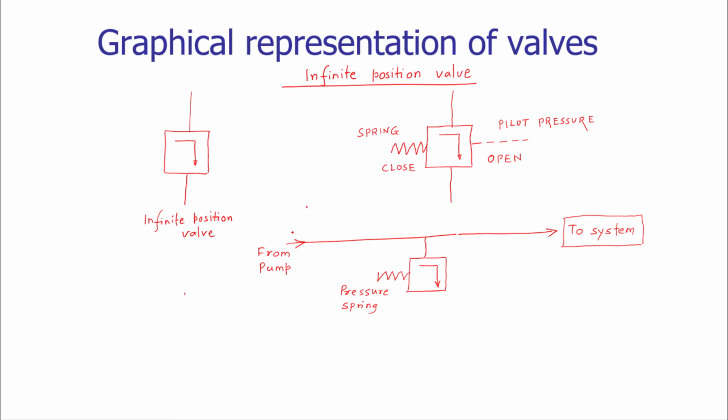We have to reduce the pressure of this particular flow line. To carry this out, we are using a pilot pressure which is part of the system pressure itself. We are taking a branch of the flow line from the system, and that is connected to the valve itself. So this dotted line is the pilot pressure, and that pilot pressure is part of the system itself.